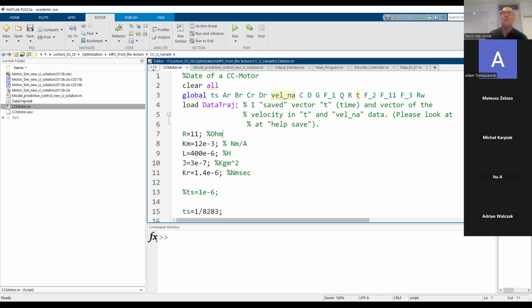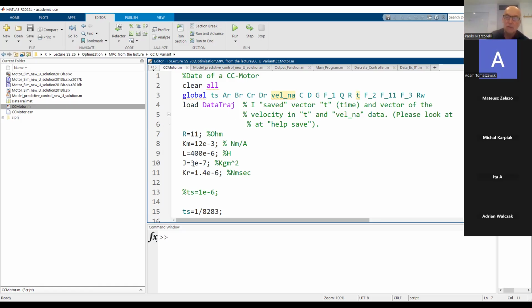Load data trajectory. Remember, data trajectory is an M file in which I saved the vector of the time and a vector with the name vel underscore NA, which is the velocity which I want to track, exactly my desired trajectory. We called it y dot or y hat, remember, as a vector.